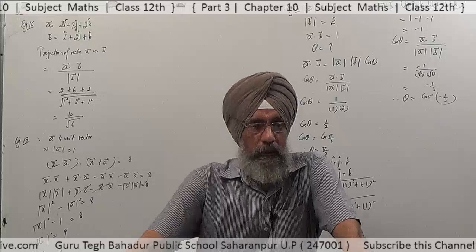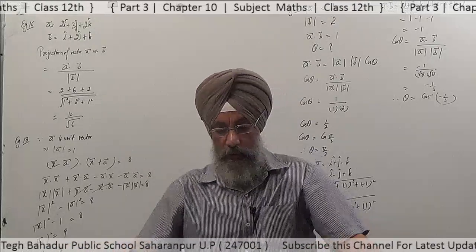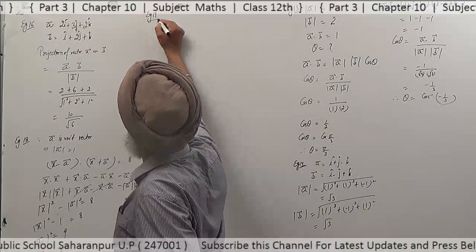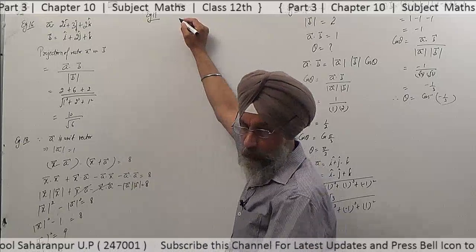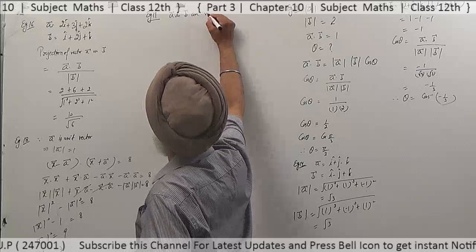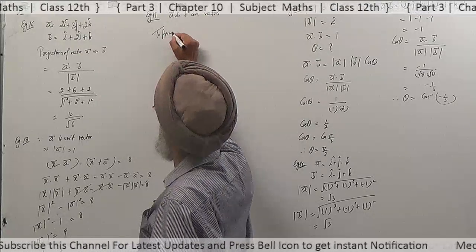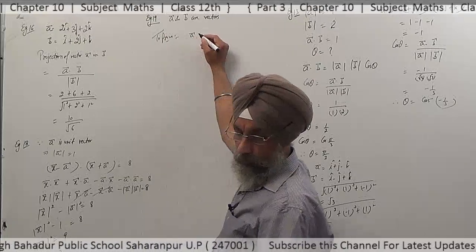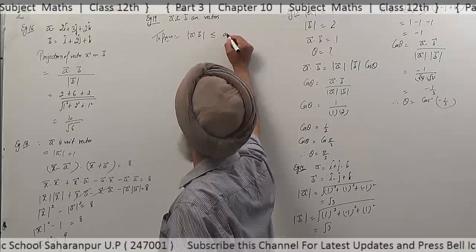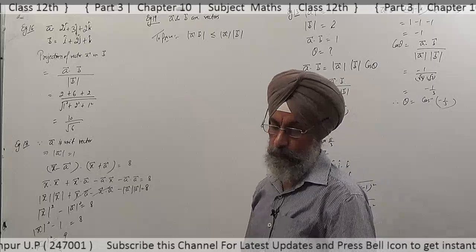In example 19, we have to prove the Cauchy-Schwarz inequality. What's that? We have to show that if A and B are vectors, then vector A dot vector B, magnitude, is less than or equal to magnitude of A times magnitude of B. We have to prove it.